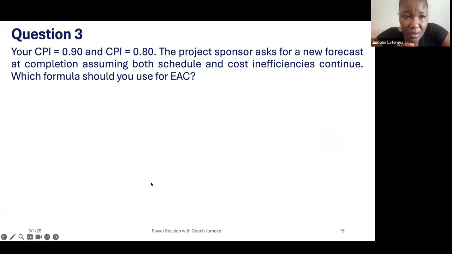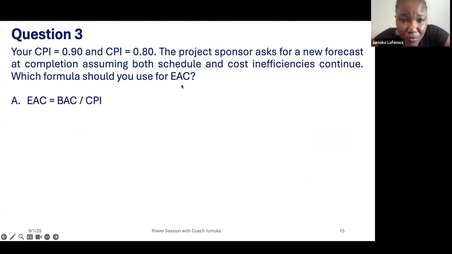Okay. Then question 3. Your CPI, I hope you have pen and paper to be able to do some of these calculations. Your CPI equals 0.90. I think I've gotten something wrong here. The project sponsor asks for a new forecast at completion, assuming both schedule and cost inefficiency continue.